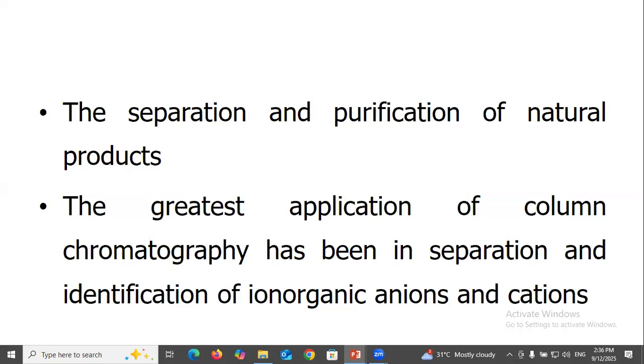The greatest application of column chromatography has been in the separation and identification of inorganic anions and cations.